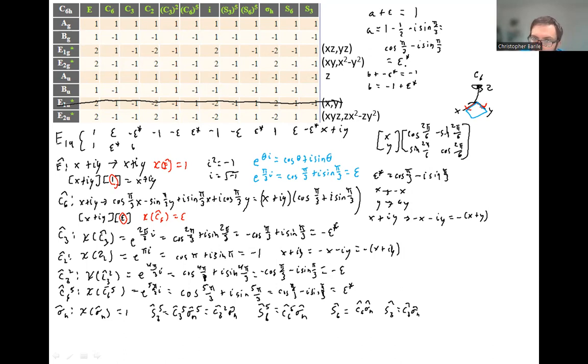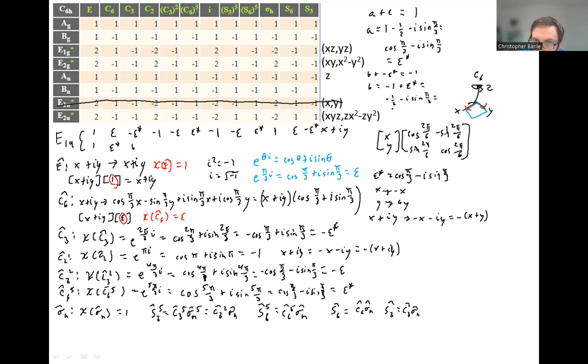Well, here's the complex conjugate of epsilon. So if we take -1 plus that, well, we know cosine of pi over 3 is 1/2. And so we're actually going to get -1/2 there. And we're going to get minus i sine pi over 3.